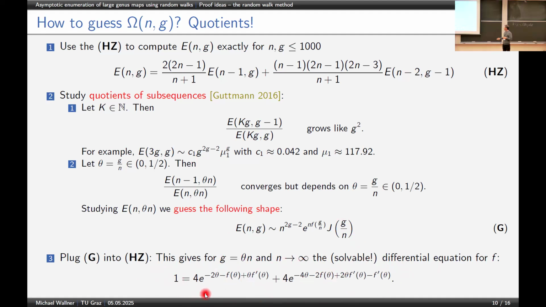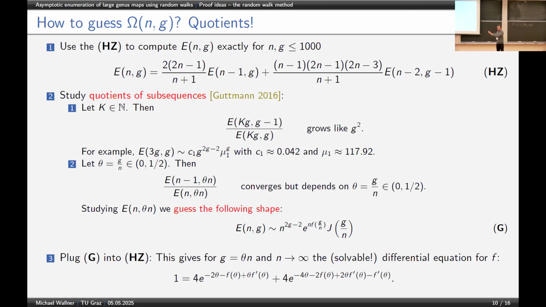So you see 1 should be equal to 4 over e to the minus 2, and so on. And what is quite nice is that this is solvable. You parameterize it in a certain way, and this is where the functions theta, lambda, f and j in the main result come from. This solvable differential equation determines f, and gives you these results. But this is all I want to say about guessing.